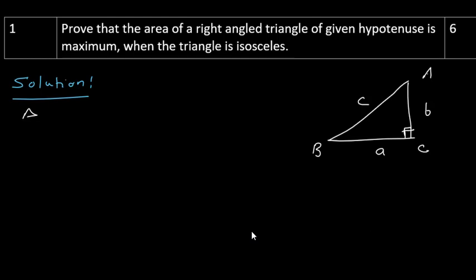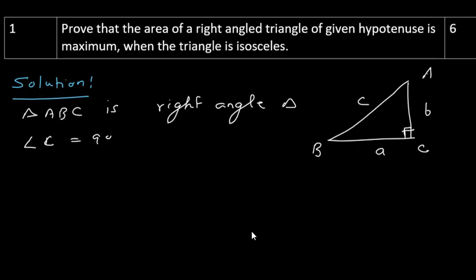So here triangle ABC is a right angle triangle with angle C as 90 degrees.